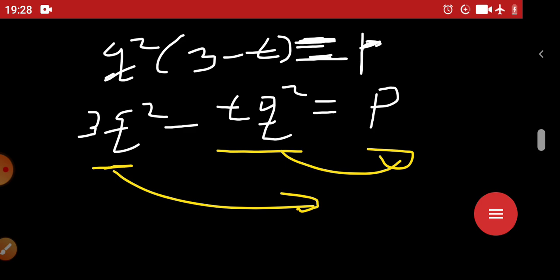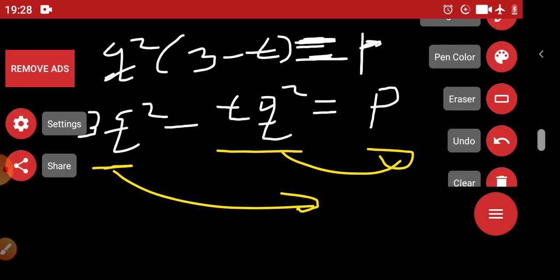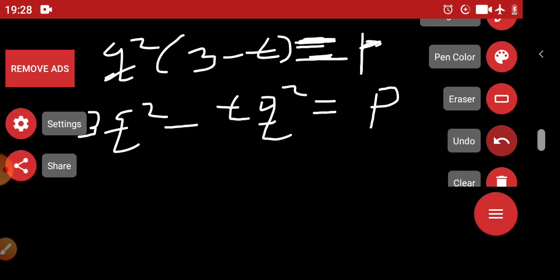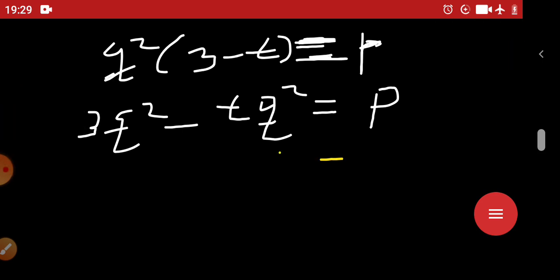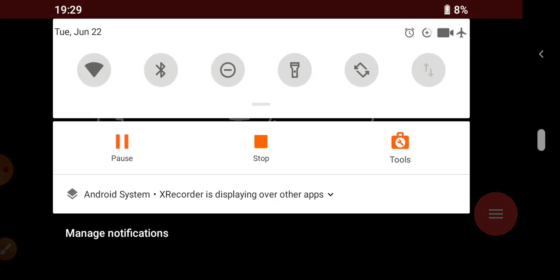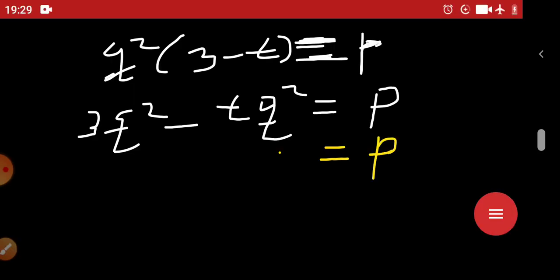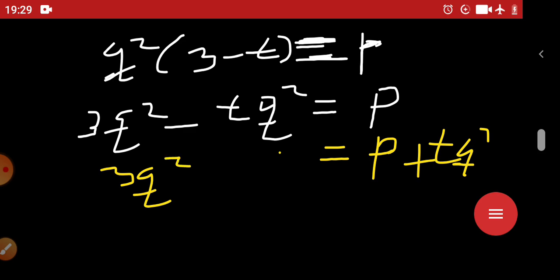Then we'll take the p that side. So how do we do it? We'll add 2q squared to both sides, so this side will be left with 3q squared.